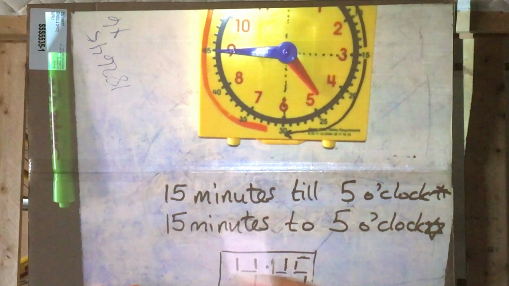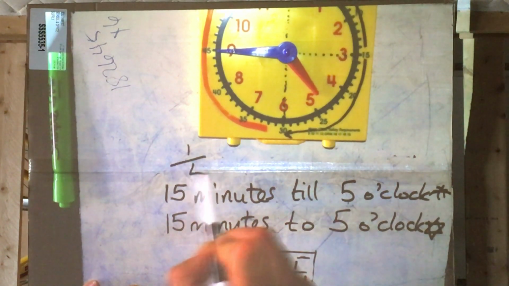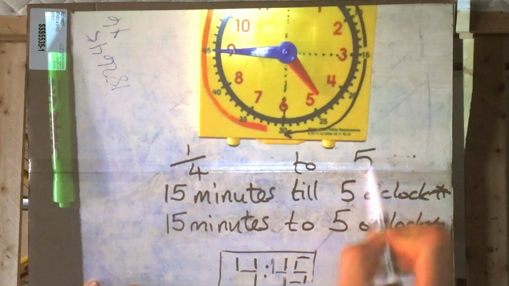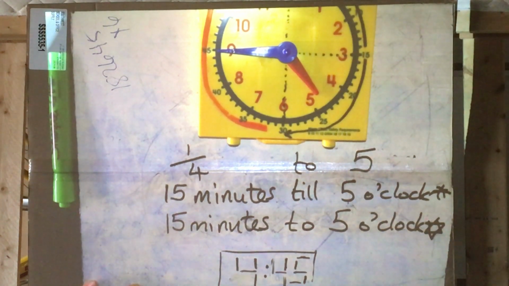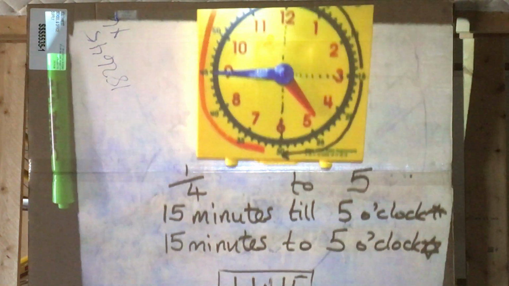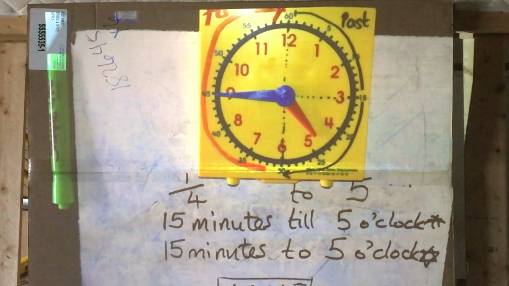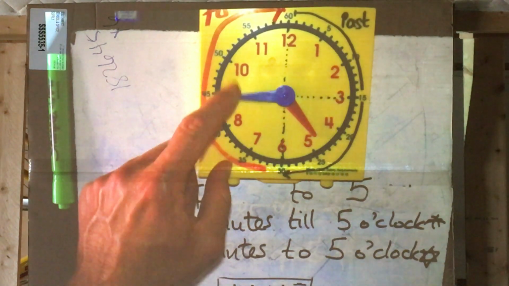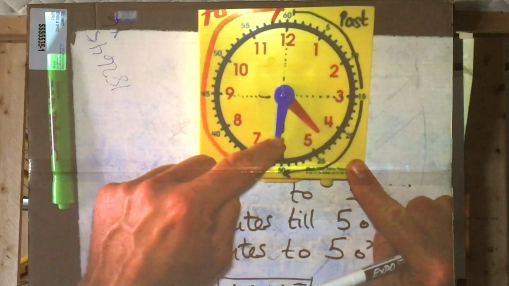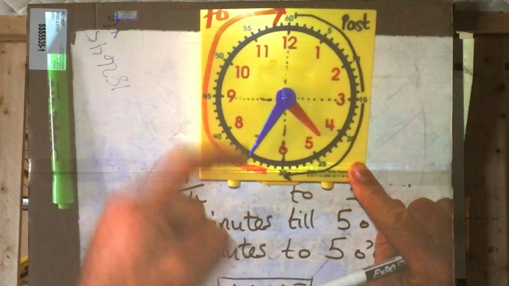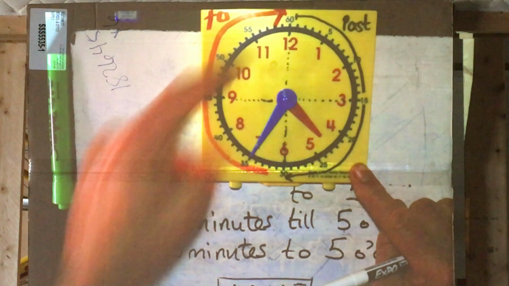You might also see this. Quarter to 5. And that's how we would say it. Quarter to 5. So they're all the different ways of saying it. And let's figure that out. Where did we get that from? So we're talking until the next hour. So as soon as this minute hand goes past 30 minutes, or past the 6, we talk about how many minutes it is to the next hour.